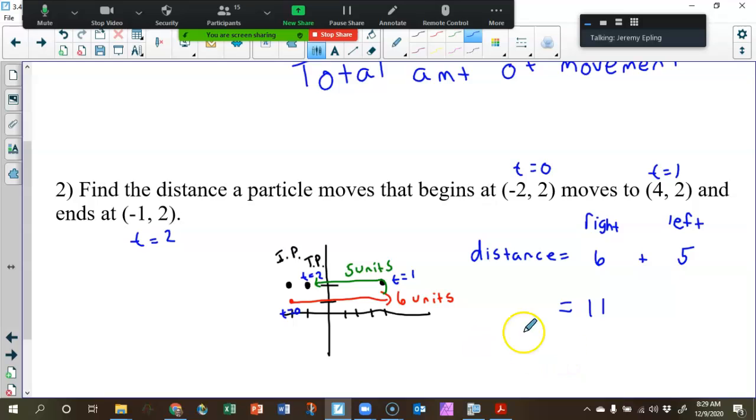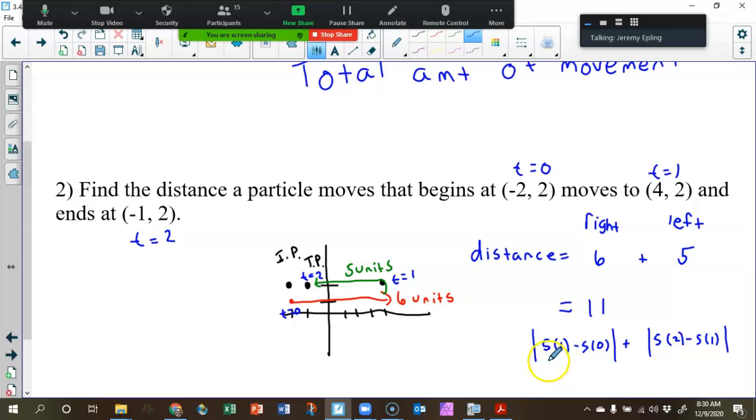We could have said, all right, I went to the right for 1 second, so let me find that displacement. But I don't really care whether that displacement's positive or negative, so I'll do absolute value. And then I'll find the displacement while I move to the left. And again, I don't care whether I moved left or right.